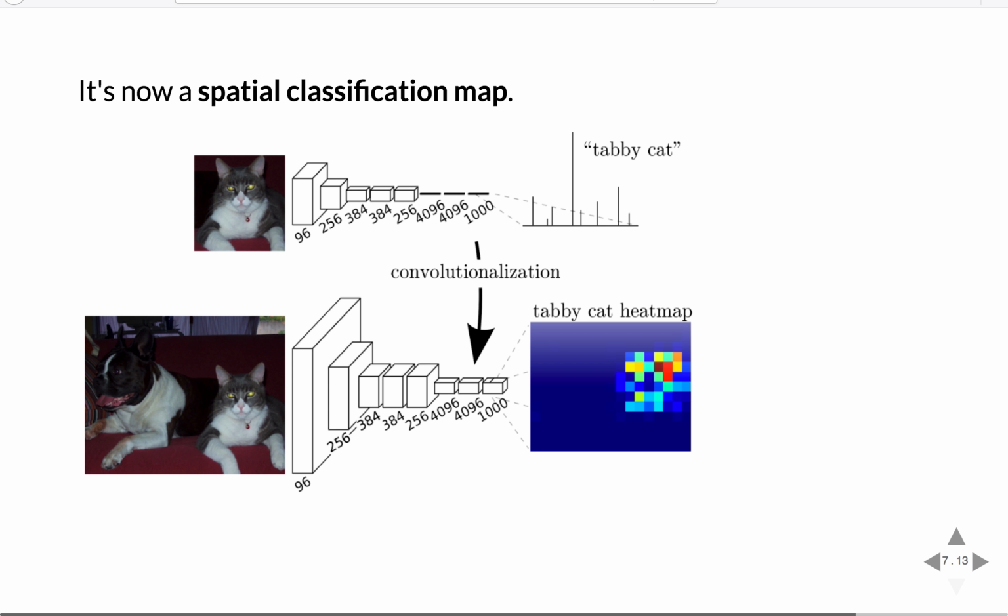Now this would be a volume, but we're just looking at one of the scores, the score for cat. So you now have a 2D image, and you can interpret it as the heat map for where the cat is. So we took our network and created a fully conv network, and it allows us to slide our filters over larger images. It won't work for smaller images than those we trained on.